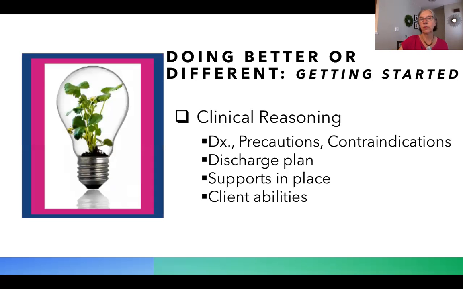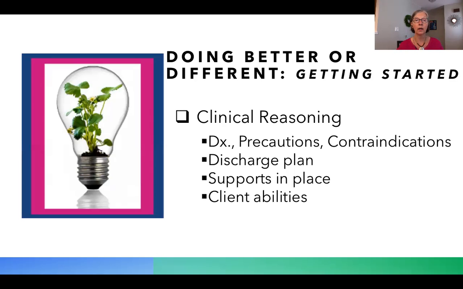So, drawing on some of the information I said a moment ago, some things that we need to do to get started. I just want you to think about where to start with developing a home program for your client. In order to know the type of home program they need, we need to do some clinical reasoning. We need to understand their diagnosis.